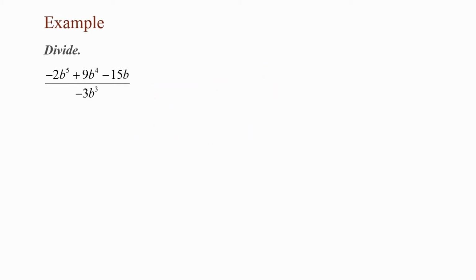In this example, divide negative 2b to the fifth plus 9b to the fourth minus 15b by negative 3b to the third. Since I have a trinomial in the numerator, I'm going to have three fractions. So I have negative 2b to the fifth divided by negative 3b to the third, plus 9b to the fourth divided by negative 3b to the third.